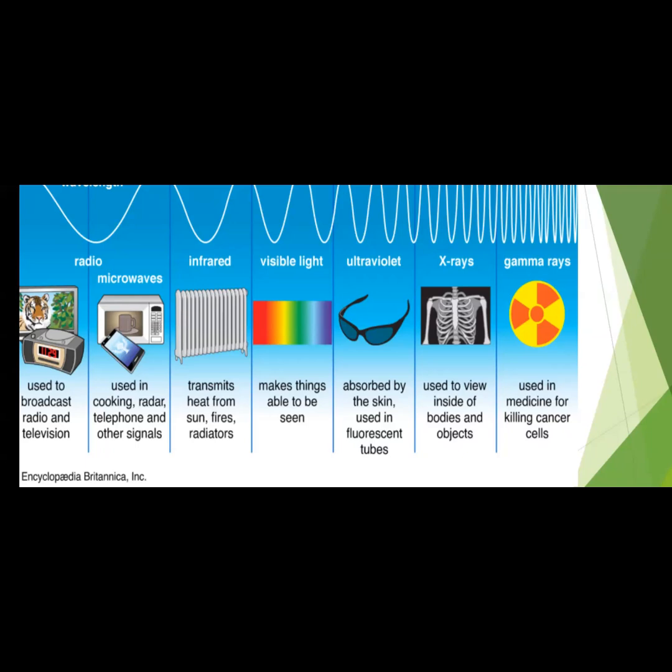X-rays are used to view inside of the body, to see the bones and other objects. Gamma rays are used in medicine for killing cancer cells. So we are using such different types of radiations.